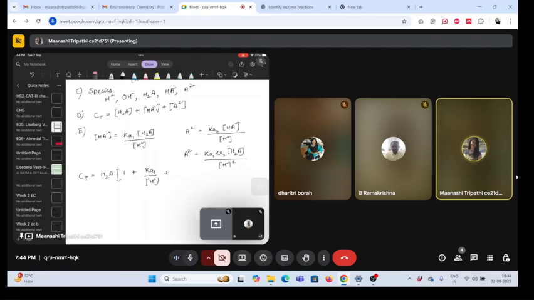This equation looks familiar, right? We have to write the same equation. Then H2A will be equal to, after solving everything, Ct H plus square over the denominator.